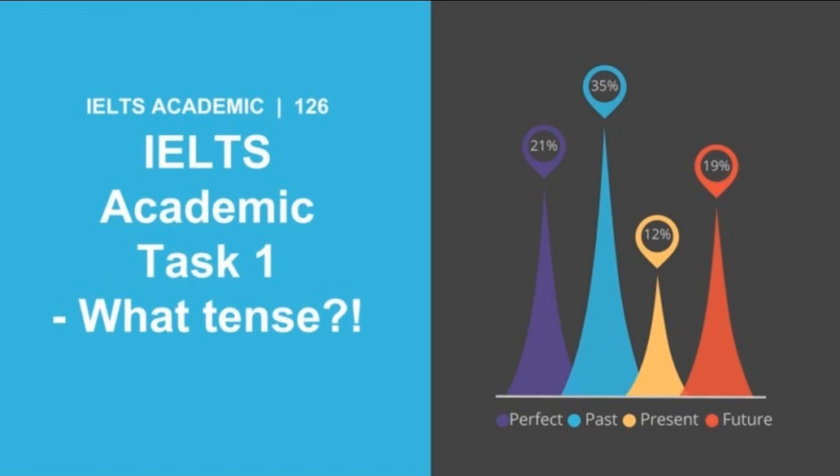And if the year is before the current date, which today, look at your watch, look at your phone, and if it's before, then obviously we're going to use the past tense. If it's after, we're going to use the future tense, and if there is no year, no time reference, we can use the present simple.